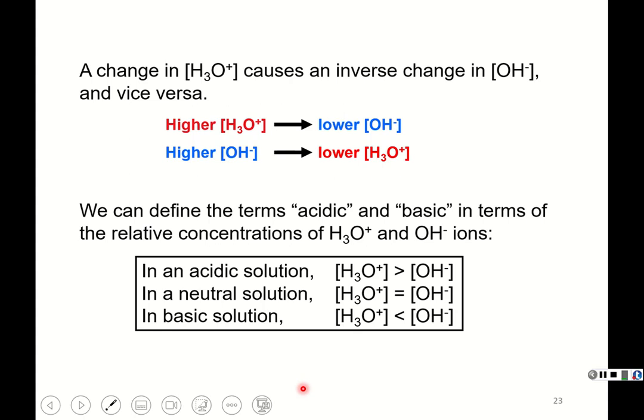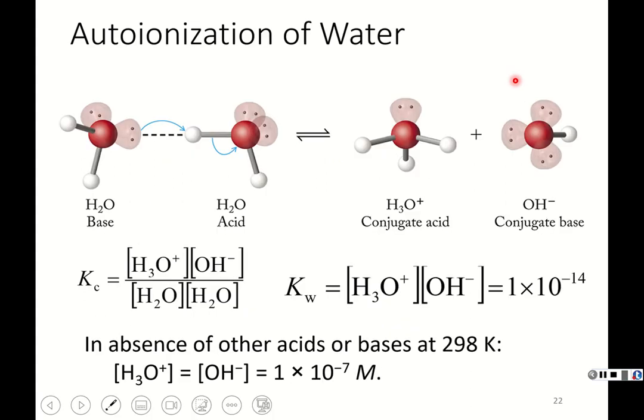So a completely neutral solution. Okay, a change in the H3O plus concentration is going to cause a change in the OH minus concentration, right? And they'll be inversely related. Okay, and you can tell that because of that Kw expression. This one goes up, this one has to go down because the product of them always has to equal 1 times 10 to the minus 14.